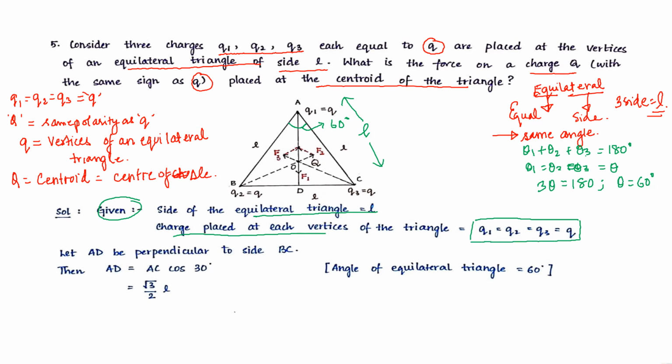Now let us see this diagram of the triangle and try to understand the situation. Here at A we have placed charge Q1, which is equal to Q. At B we have placed charge Q2 equals Q, and at C we have placed charge Q3.